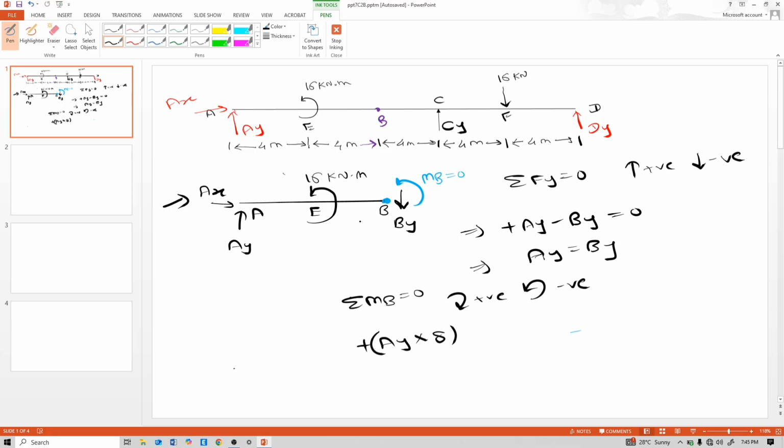This 16 kilonewton meter is anti-clockwise, that's why minus 16, and equal to 0. So AY equal to 16 upon 8, it is 2 kilonewton. Putting AY in equation 1, BY is also 2 kilonewton.